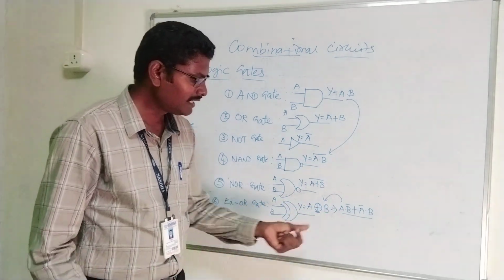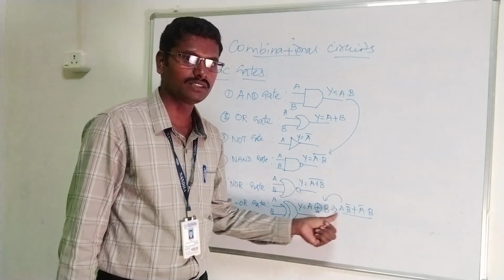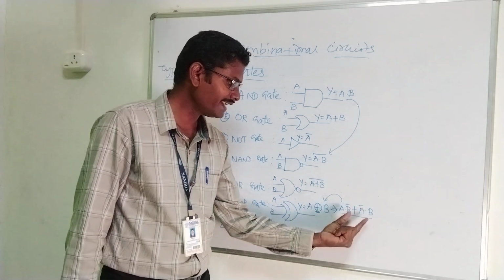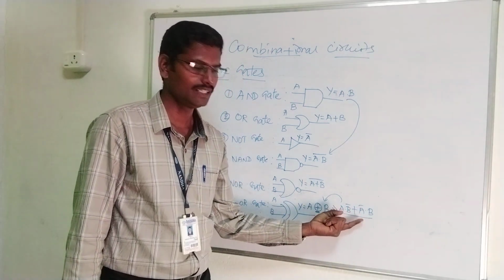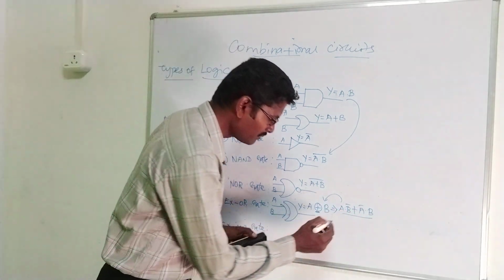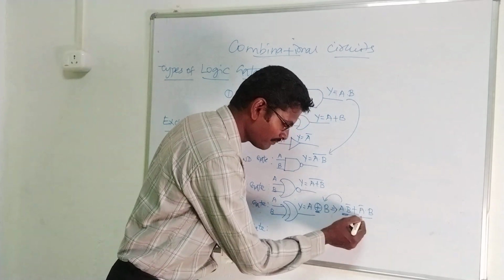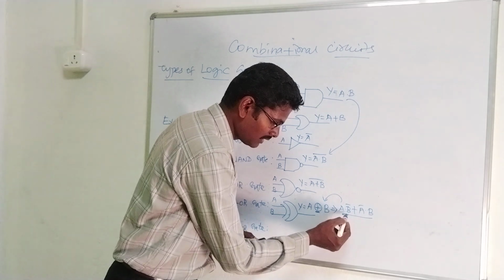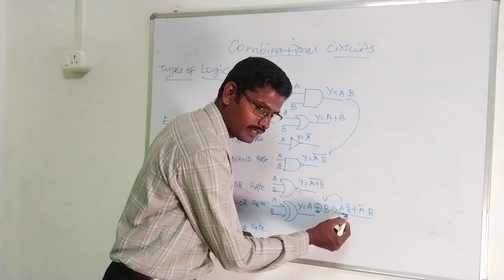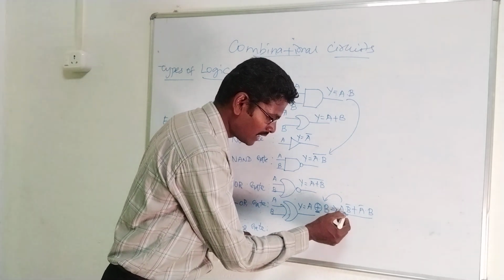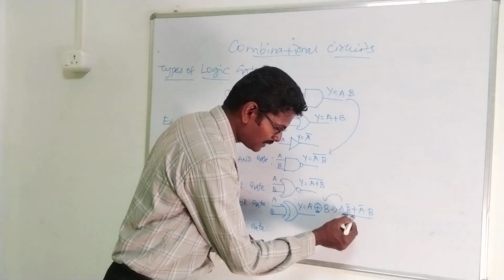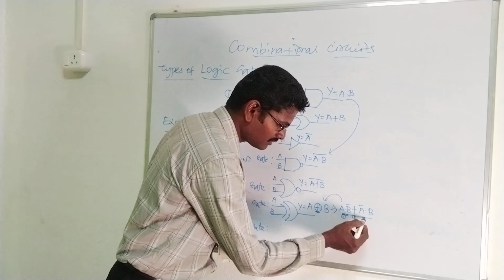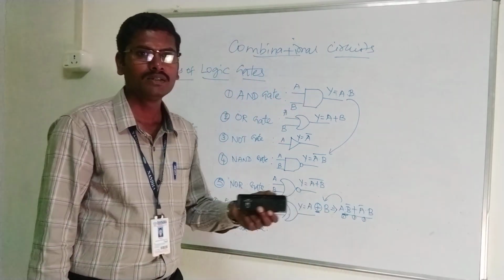So the ultimate aim of this XOR gate is that we are reducing the number of gates. For implementing this expression, we need three gates: for A dot B bar we need an AND gate, for this plus we need an OR gate, and for A bar dot B, multiplication, we need one AND gate.